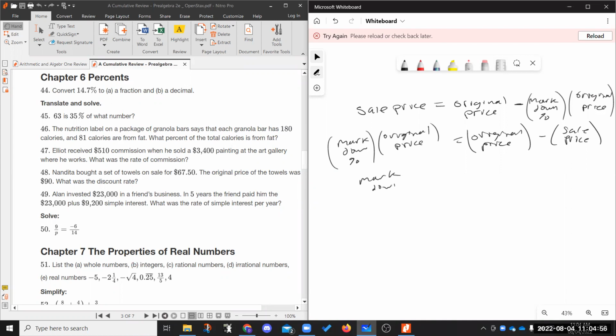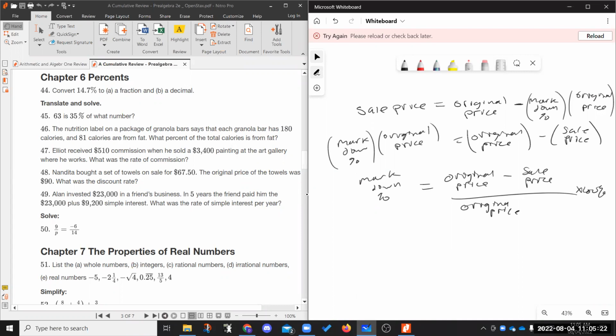Now that's going to be expressed as a decimal, so we're going to need to change it to a percent at the end. So it's going to be original price minus our sale price divided by our original price. We're going to have to multiply by 100% here to change it to a percent.